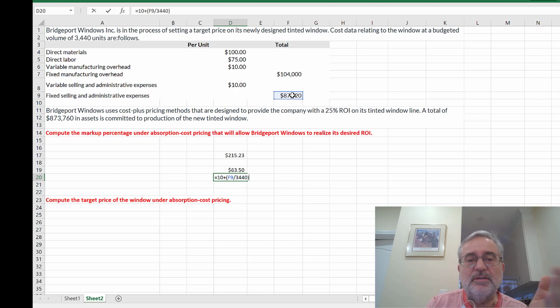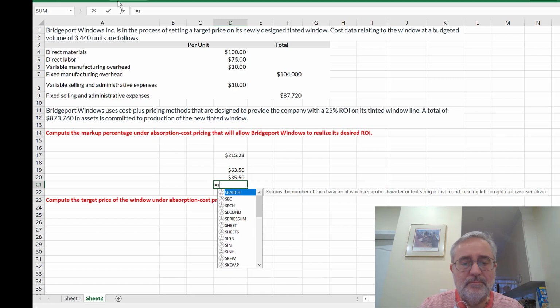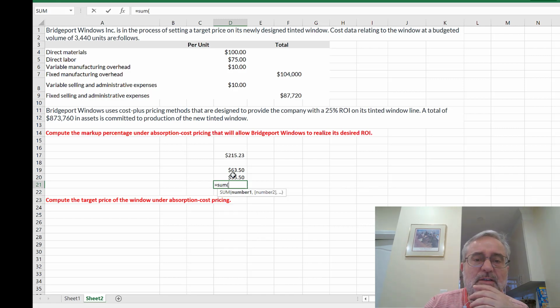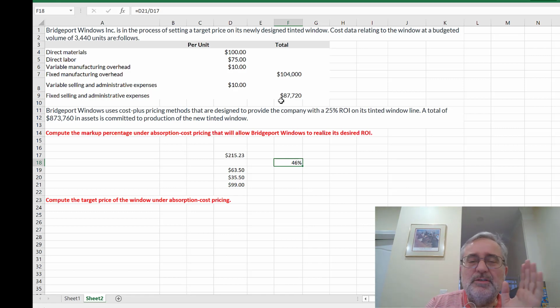You notice that we put this in parentheses, and that's $35.50. If we add these two numbers together, they are going to be $99. So if we take $99 divided by 215, and let's make this a percentage, we're going to get 46%. It's not exactly 46%, but that's close enough.